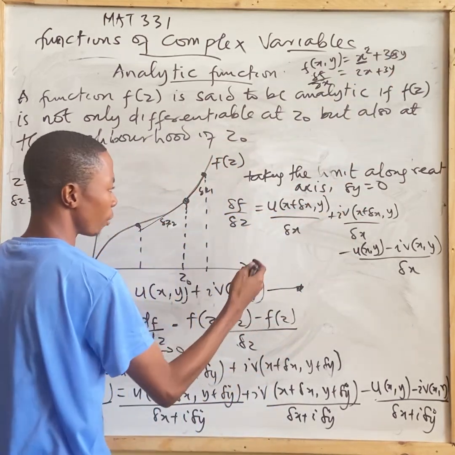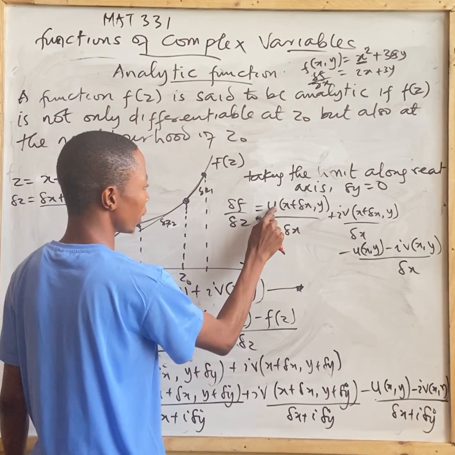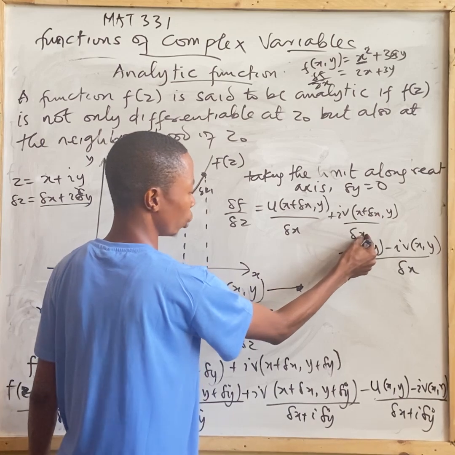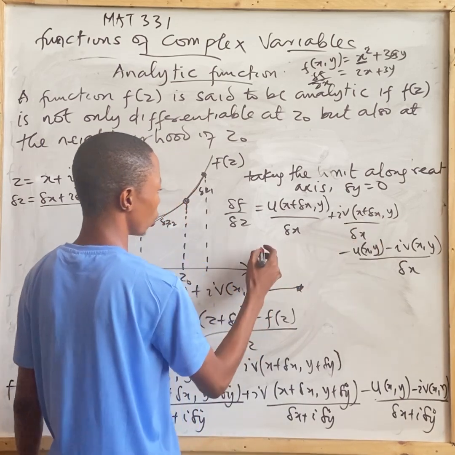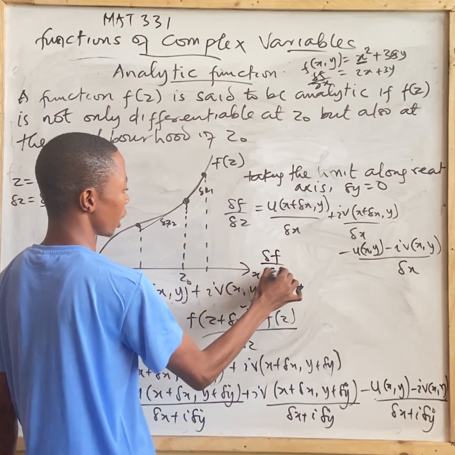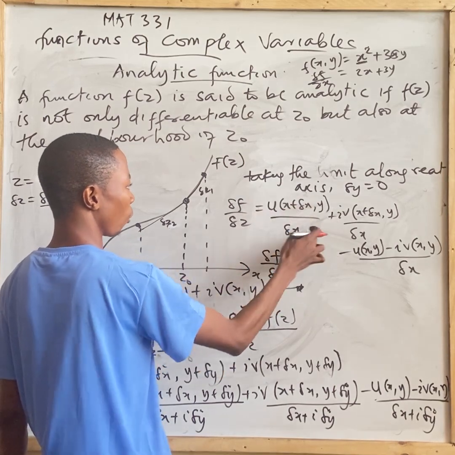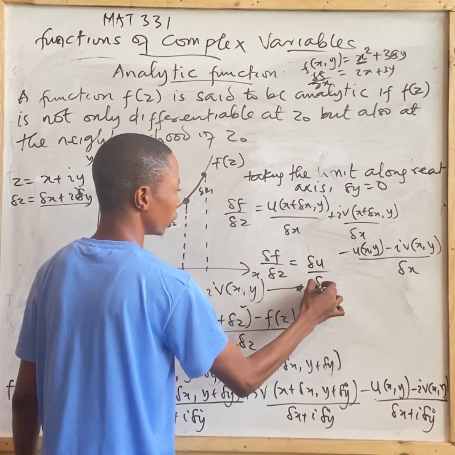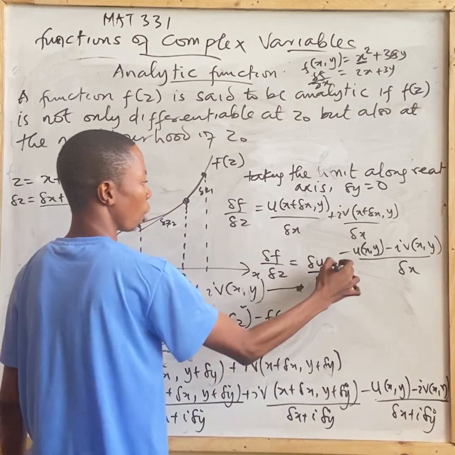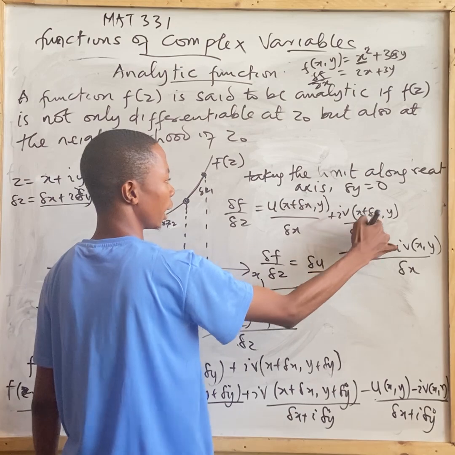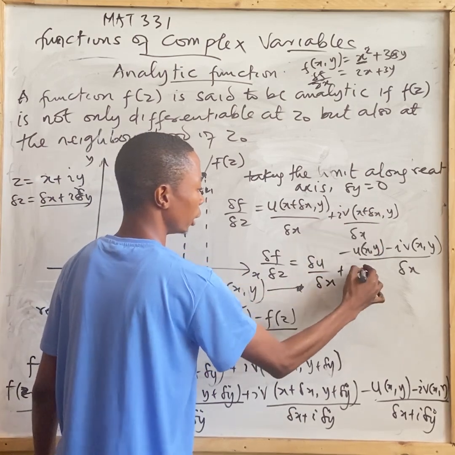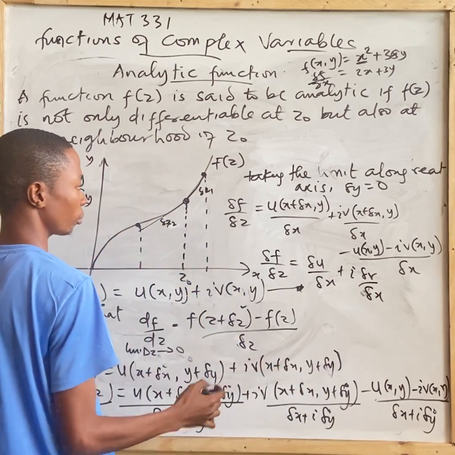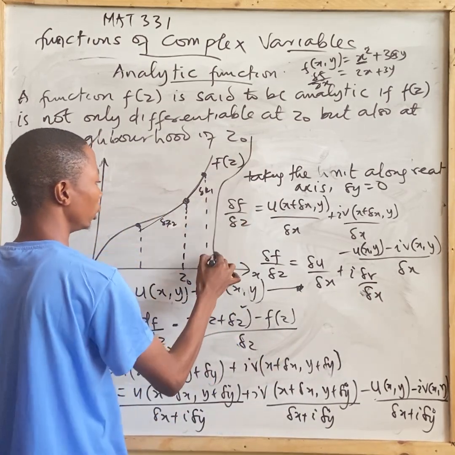So what we have here is the differentiation of u with respect to x alone, and of v with respect to x alone. So we have df/dz equals what is here, du/dx plus i dv/dx.